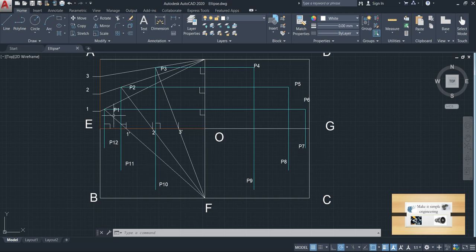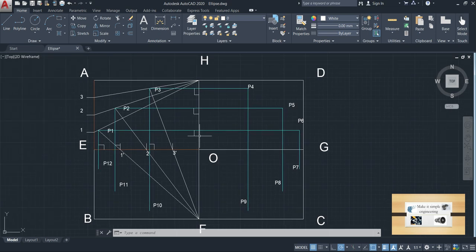Then you will get different points like P1, P2, P3, P4 up to P12. The final step is to connect the curve by means of hand drawing. You can connect the curve through these different points.